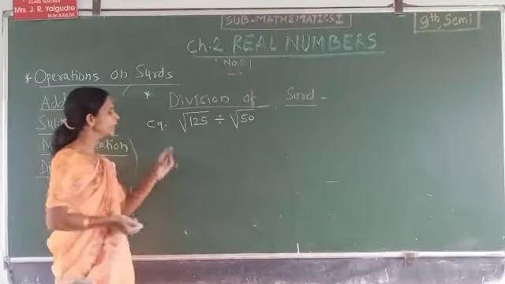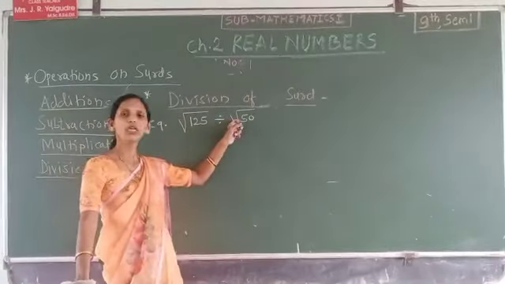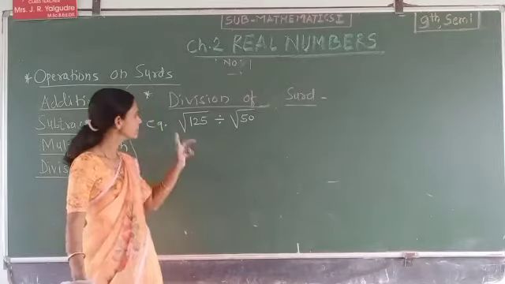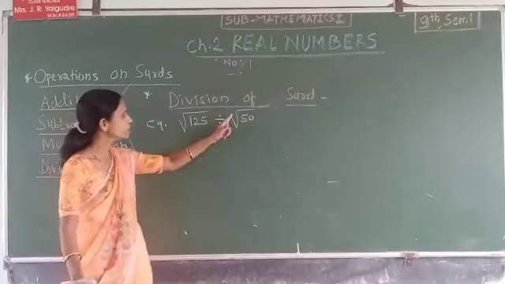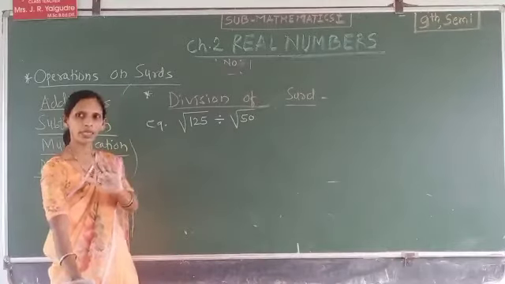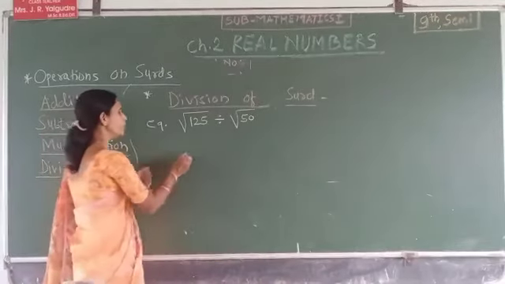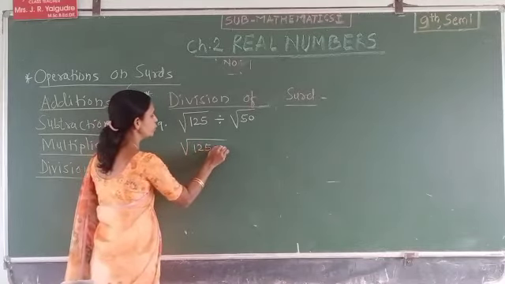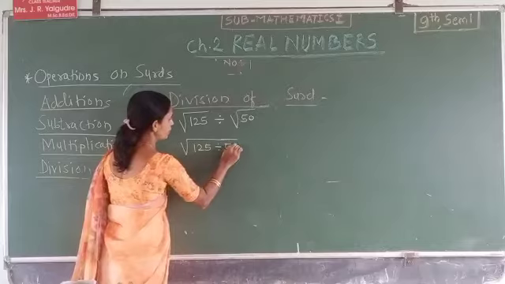See here, division can take place only for those surds of which the order is the same. See here, the order of those surds is 2, that is the same. Therefore, we can do the division of those, that is root 125 divided by root 50.